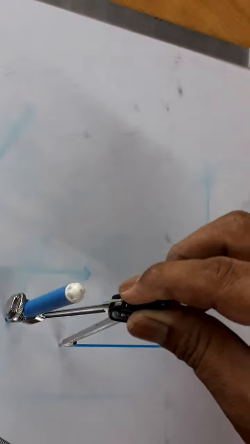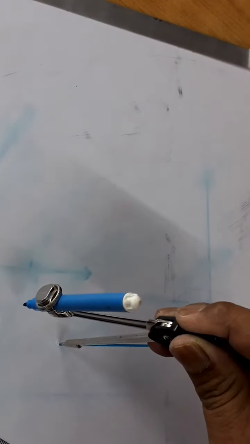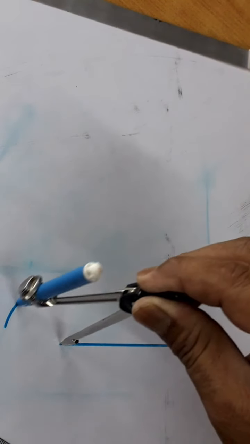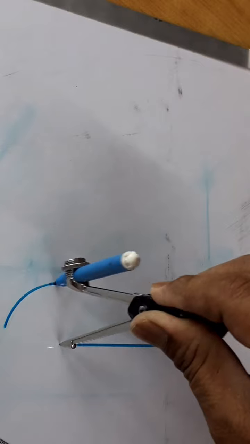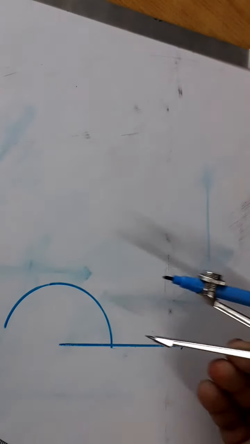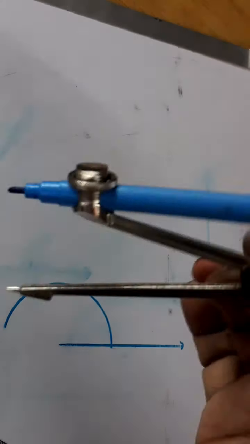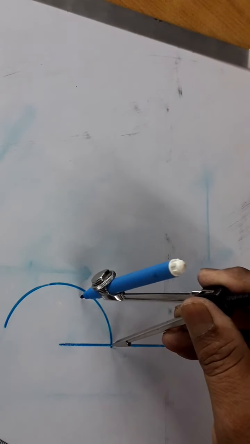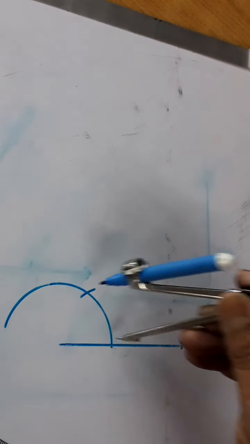We will put needle here and draw an arc like this. Now we will keep the measurement same, and then we will cut another arc like this. We have got an angle of 60 degree.